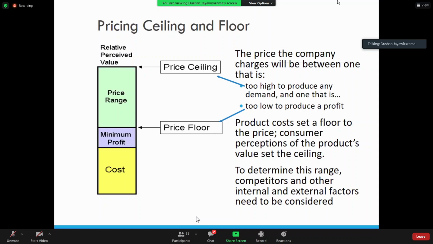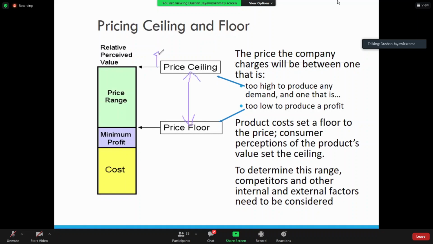The lowest level of the range is called price floor. And the highest level you can think about, think of increasing your price up to, is called price ceiling. The product price has to come between these two, price floor and price ceiling.